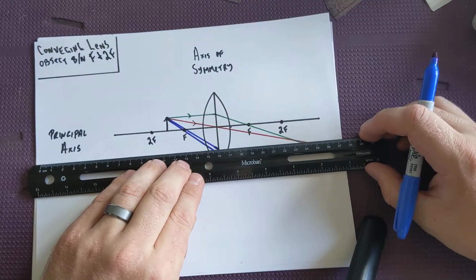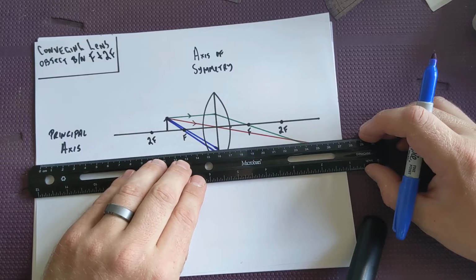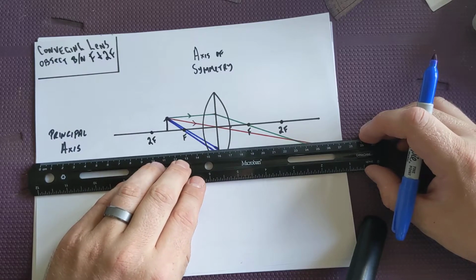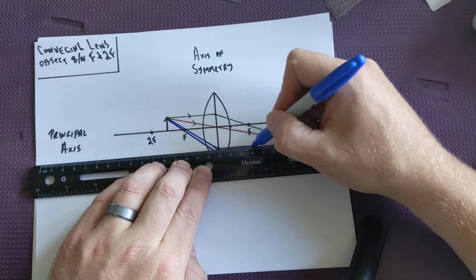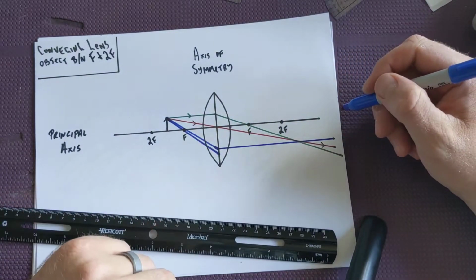And then this way, once it reaches the axis of symmetry, the light changes direction again to travel parallel to the principal axis.